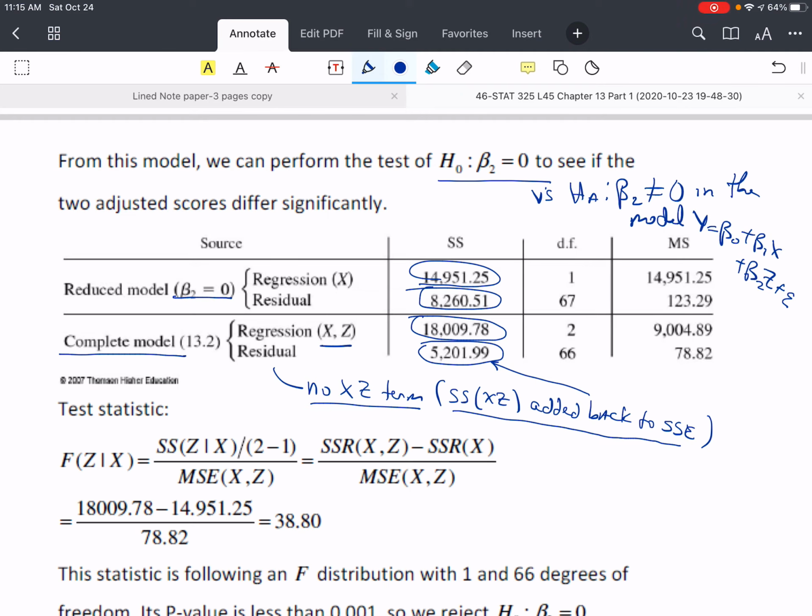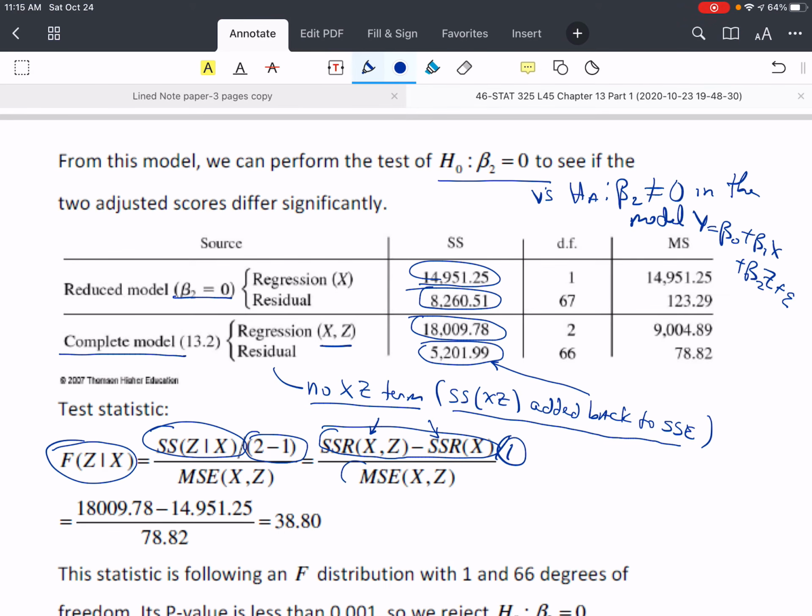So we're going to use this partial F test, z given x, so variables added in order. And we have SS of z given x, and again, we're going from 2 to 1. So 2 here, 1 here. The difference, the additional number of variables, is 1, so we're dividing by 1.